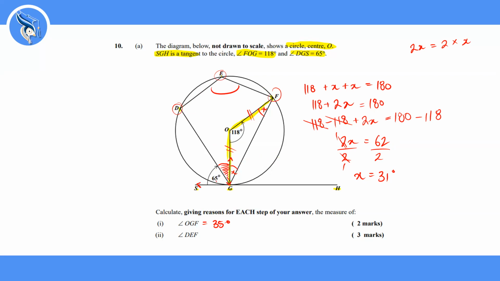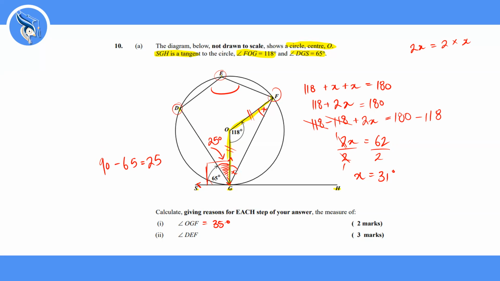What do you know about angles formed by radii and tangents? 90 degrees. So if this whole thing is 90 degrees and this piece is 65 out of the 90, we can figure out this one simply by 90 minus 65, which is 25 degrees.